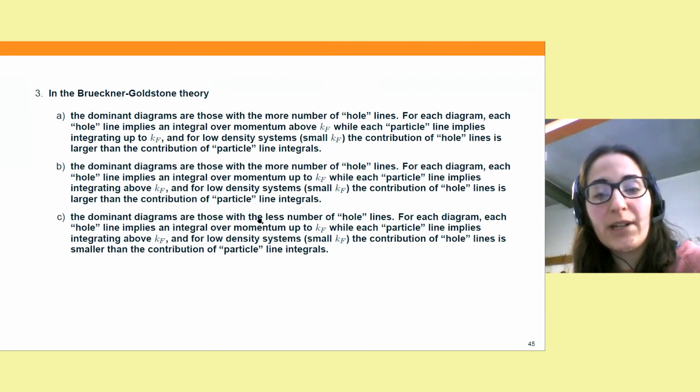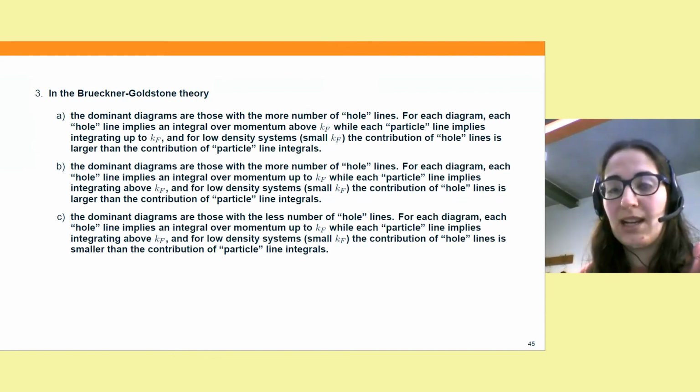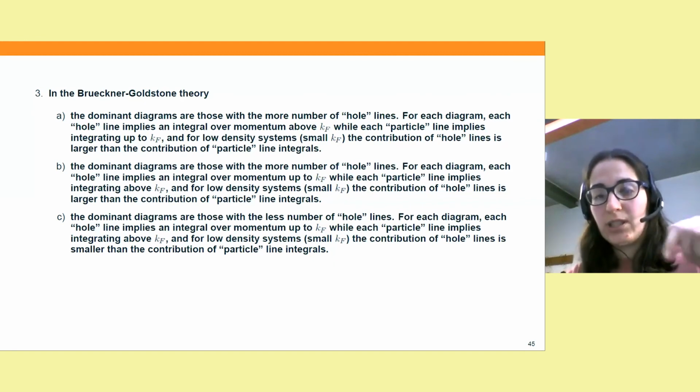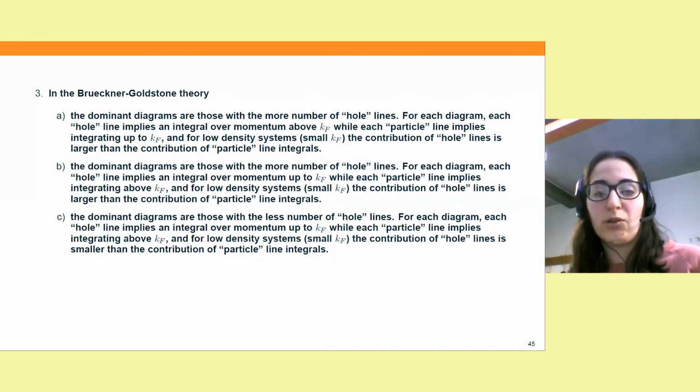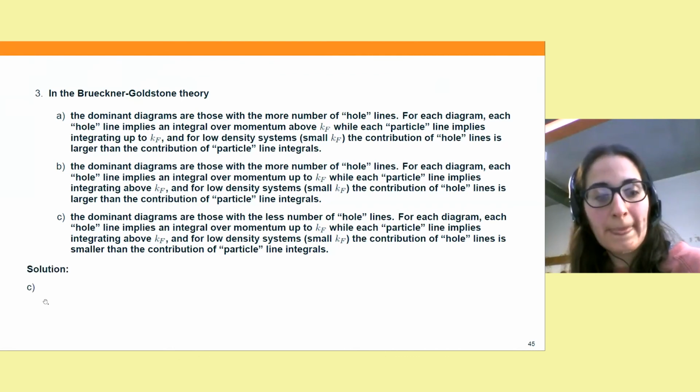So the dominant diagrams are those with the less number of hole lines. As we saw yesterday, we were considering the diagrams with the less number of lines going downwards. That was the hole lines. Those were the dominant with respect to the ones that had more hole lines going downwards. So the solution is this C.